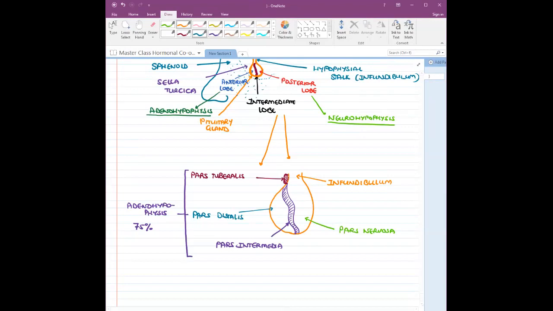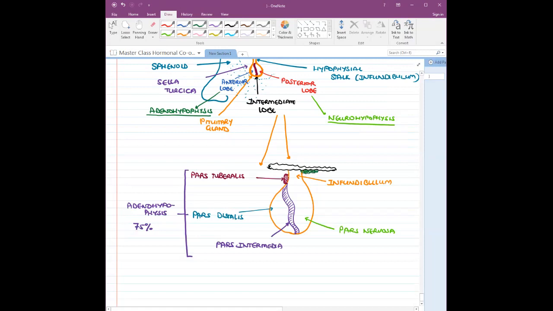Okay, but now there is going to be one more structure that we are going to come across. So guys, see here, let's imagine this is your entire hypothalamus. Okay, and this is how the pituitary is going to look. But now where the pituitary meets your hypothalamus, guys, right at that place, you are going to see one swollen portion over here.